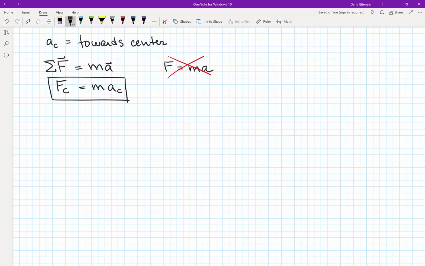So let me write what I just said. Fc is centripetal force. Again, remember, centripetal means towards the center. So I can actually even make this a vector equation. Centripetal force points in the same direction as centripetal acceleration, towards the center of the circle.